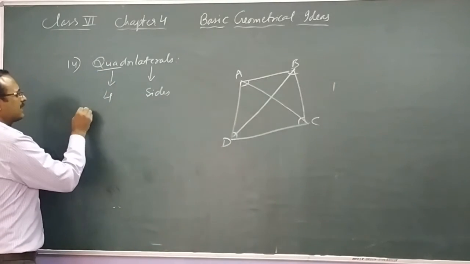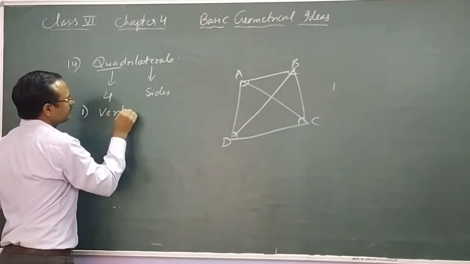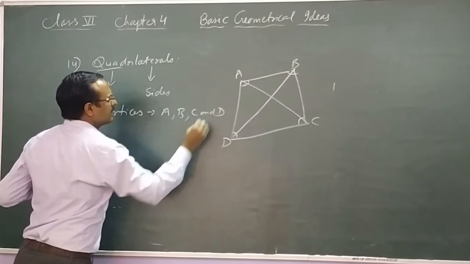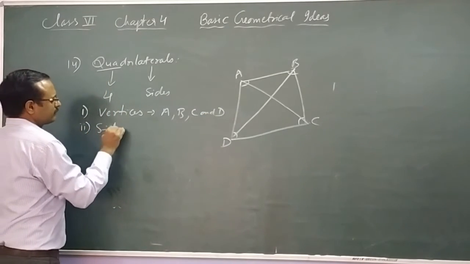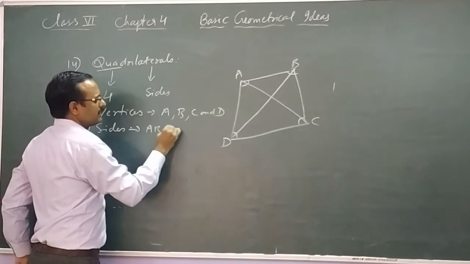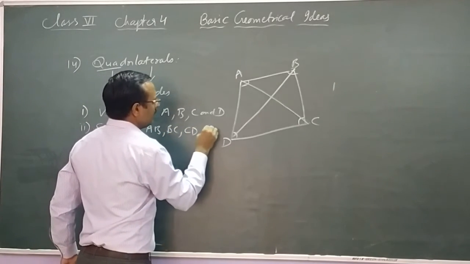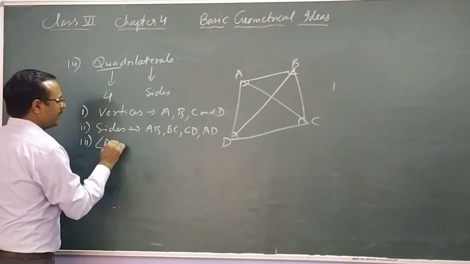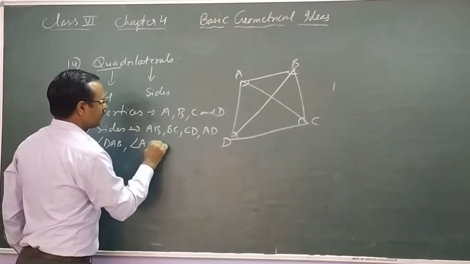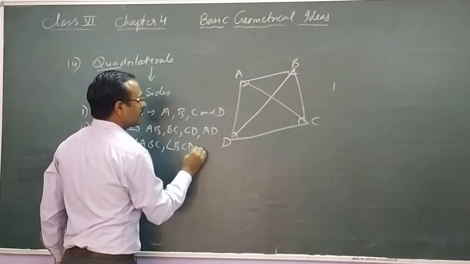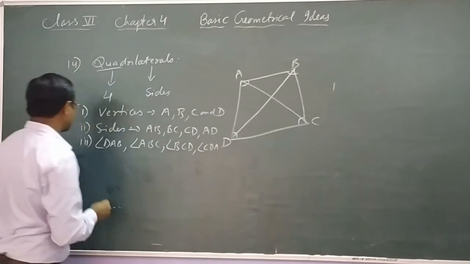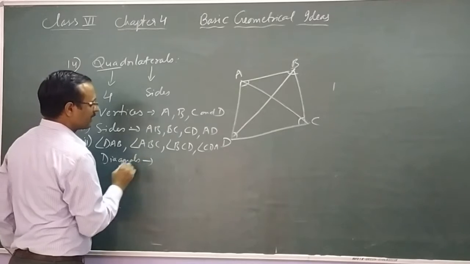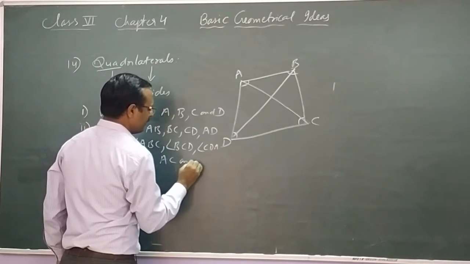It contains vertices A, B, C and D; sides AB, BC, CD and AD; angles DAB, ABC, BCD and CDA, which are the angles of the quadrilateral; and diagonals AC and DB.